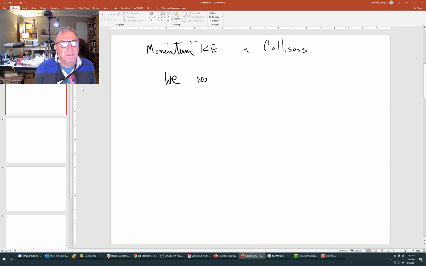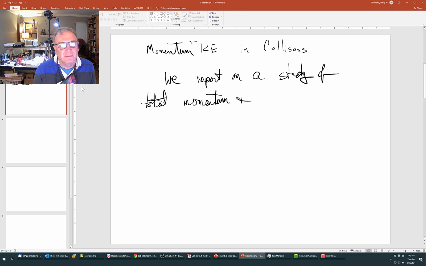We report on a study of total momentum and total KE in, I don't know, is it 3 different kinds of collisions? And yeah, 3 different, or however many you did, types of collisions.